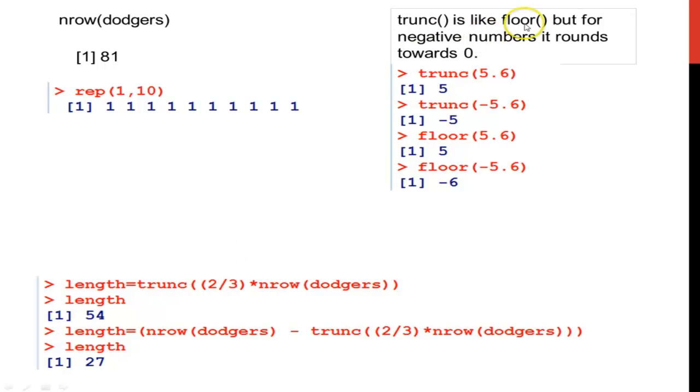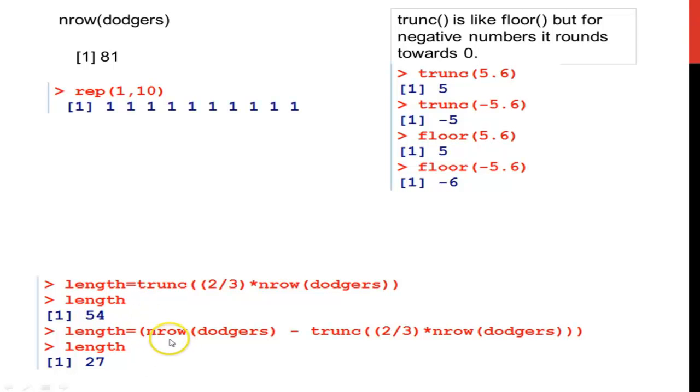We could also use the floor function because we're never going to have a negative number here anyway, so it's not going to make any difference. But he uses trunc for no reason, I should say. Is that clear so far? So what does length equal? 54.